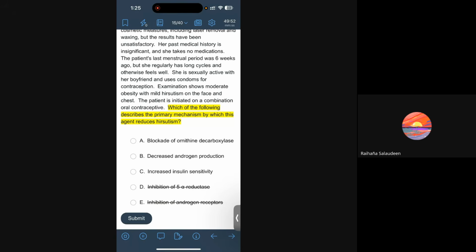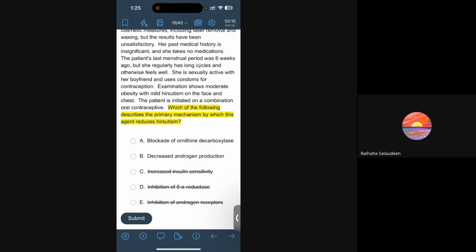OCPs do increase the insulin sensitivity, but that is not how they reduce the hirsutism. The main drug used for increasing insulin sensitivity is metformin, and we are talking about OCPs here. The patient is not started on metformin.